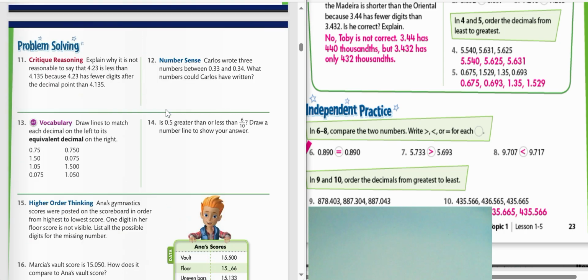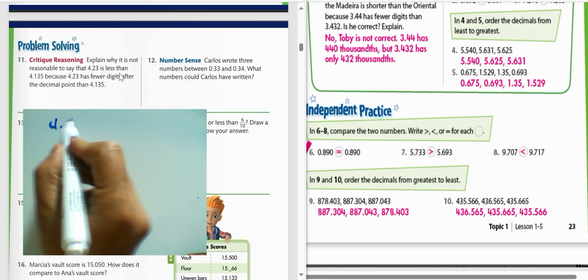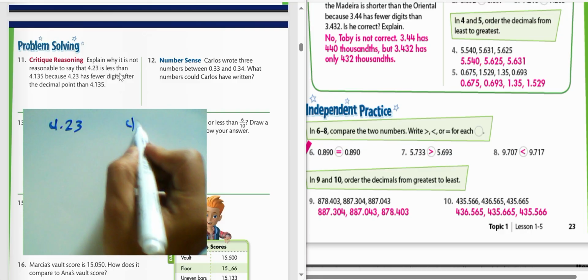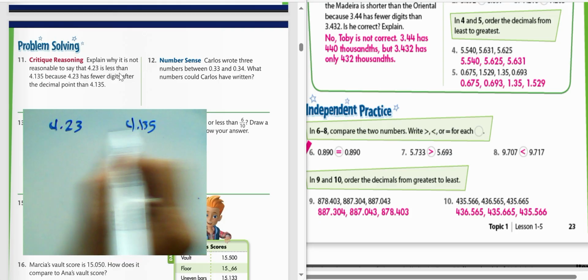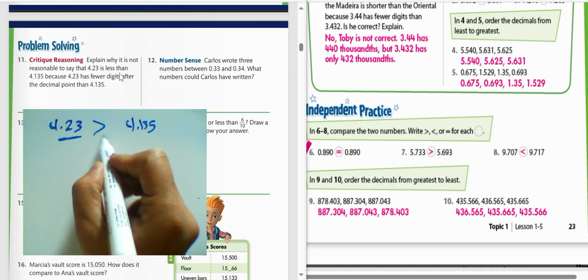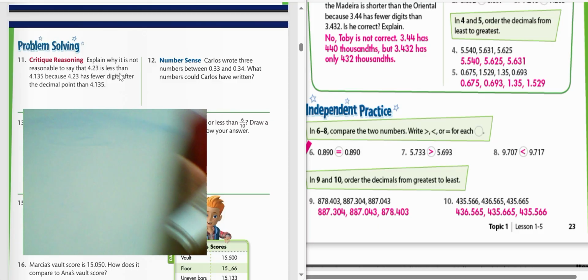This example, he wants to find the result. Explain why it is not reasonable that 4.23 is less than this number, 4.135. This number is greater: 4 equals 4, 2 is greater than 1. This 4.23 is greater than 4.135.